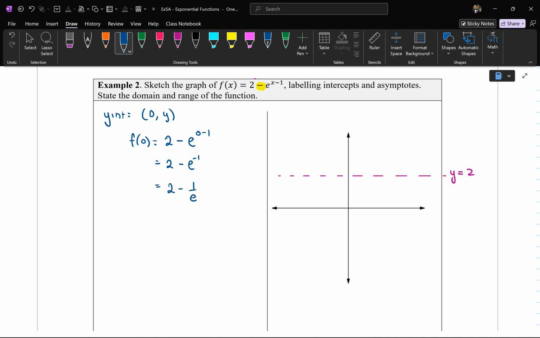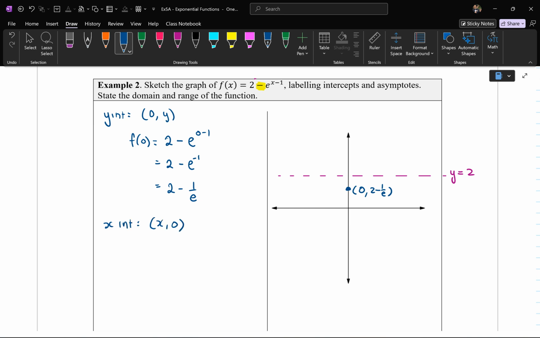And 2 minus 1 on e is perfectly fine. The logic to that is e is about 2 point something, so it's like saying half. So 2 minus half is still a positive value. So you know y-intercept must still be positive. So 0, 2 minus 1 on e. That's perfectly fine.